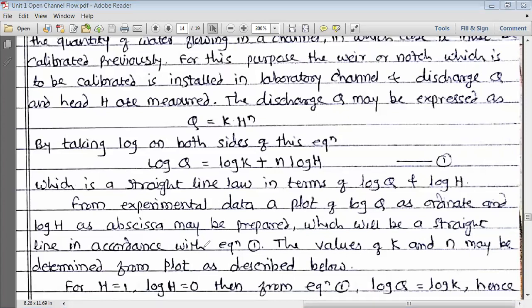And at last, the values of K and N may be determined from the plot.